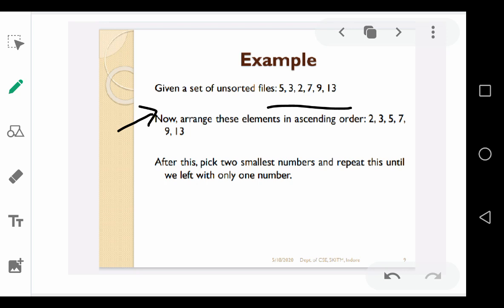After that, we are going to pick the two smallest numbers and repeat this step of picking the two smallest numbers until we are left with only one number.